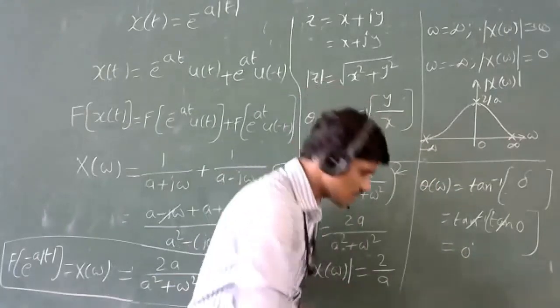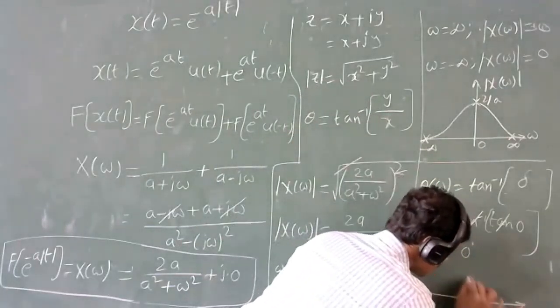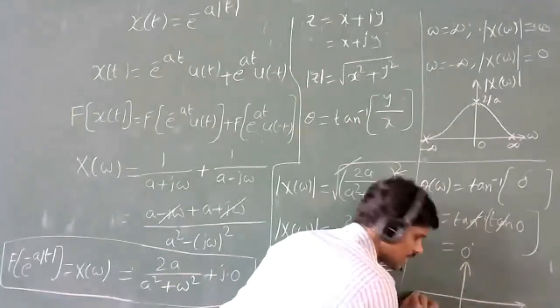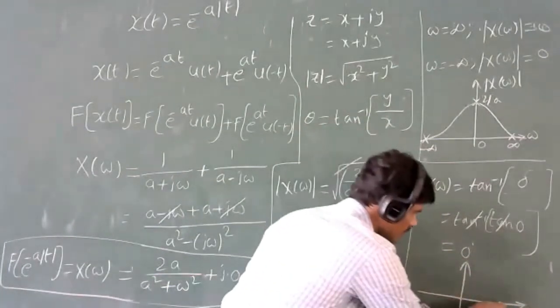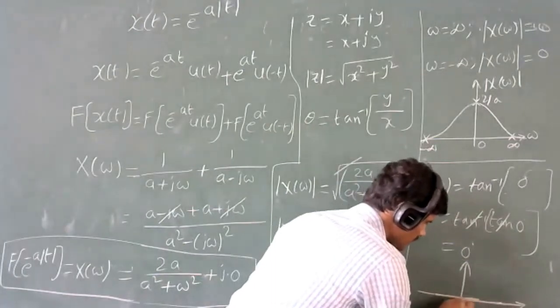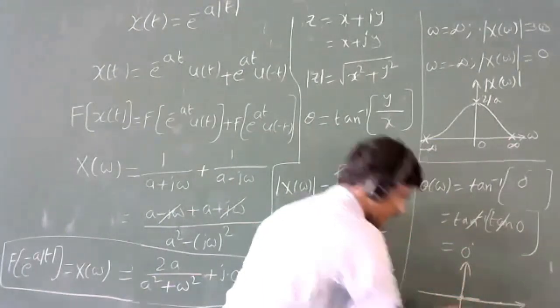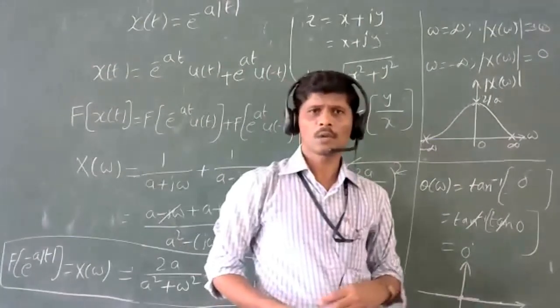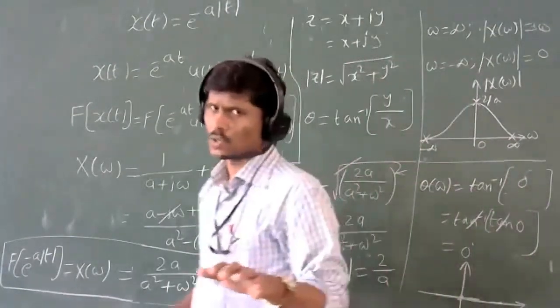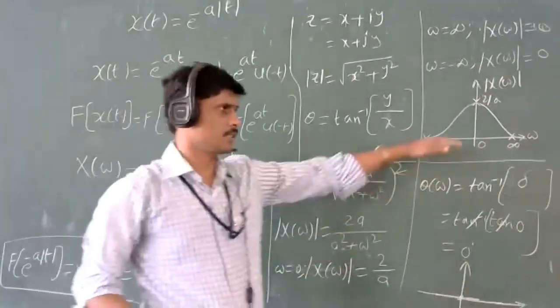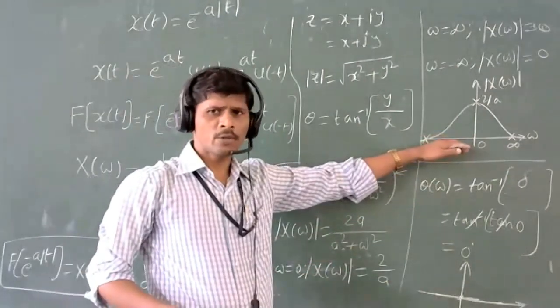So the phase spectrum does not exist. For omega is equal to minus infinity to plus infinity, the phase angle theta of omega is equal to 0. For e power minus a magnitude of t, the phase spectrum does not exist. Only the magnitude spectrum is present. Is it clear, everyone?